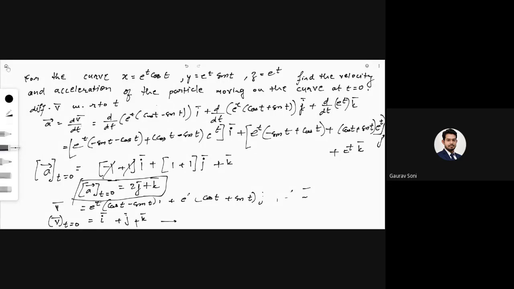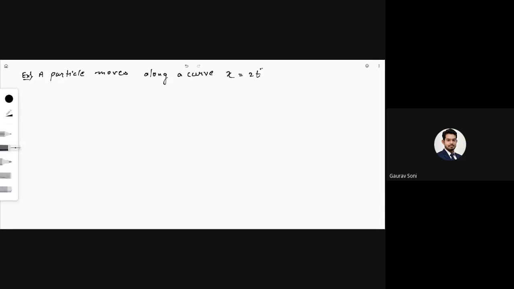Third example. A particle moves along a curve x is equal to 2t square, y is equal to t square minus 4t, z is equal to 2t minus 5.